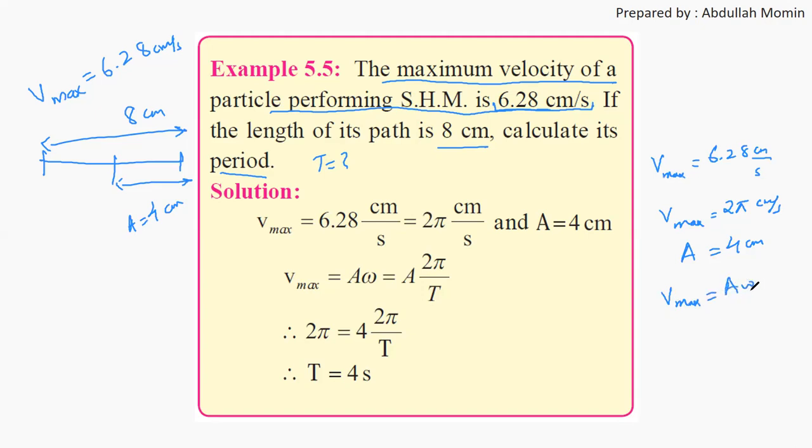So instead of omega, we will write 2 pi by T. So T can be written as A into 2 pi upon v max. So T is 4 times 2 pi divided by v max, which is 2 pi. The 2 pi get cancelled, and we will get 4 seconds.